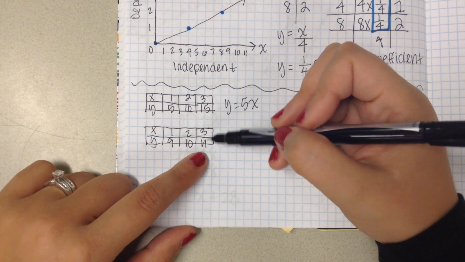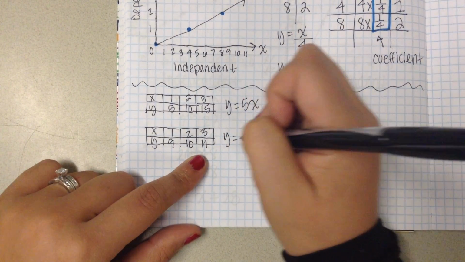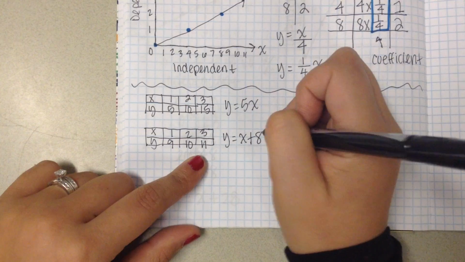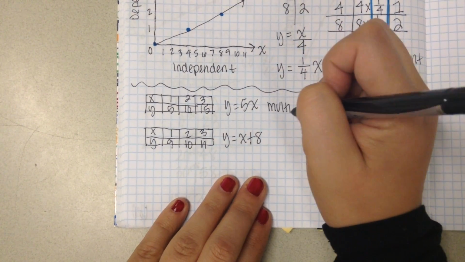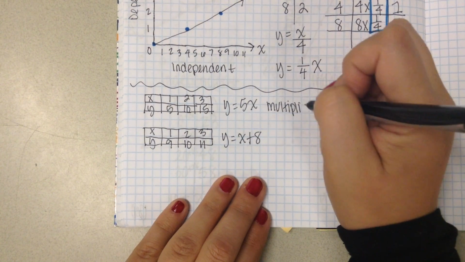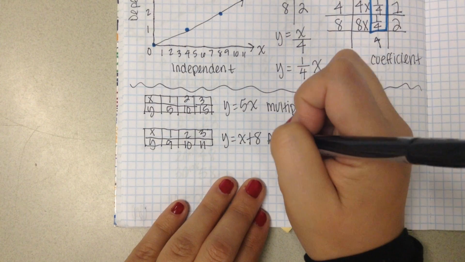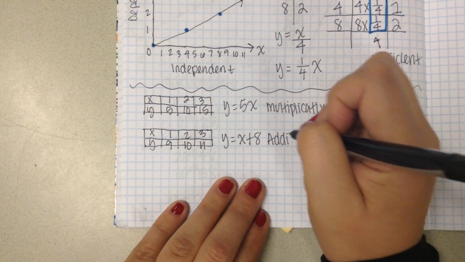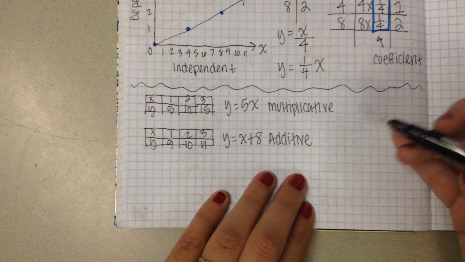How do I get from 3 to 11? Plus 8. So this is y is equal to x plus 8. This one is multiplicative, and this one is additive.